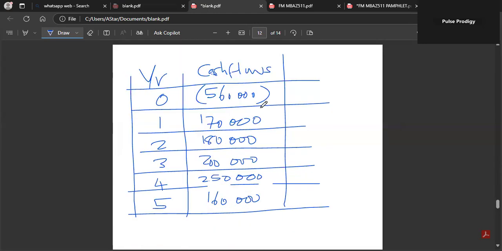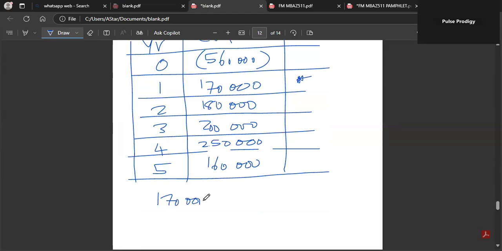How long will it take for us to recover this amount, right? So how much have we recovered in year one? You have recovered 170. Are we together? Let me just calculate a bit. I give you time.